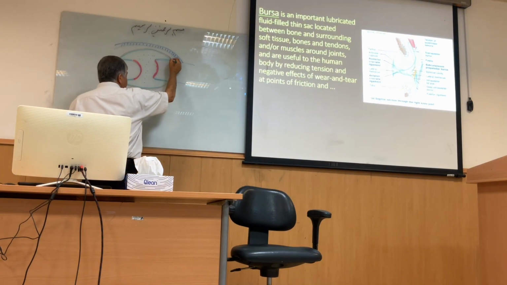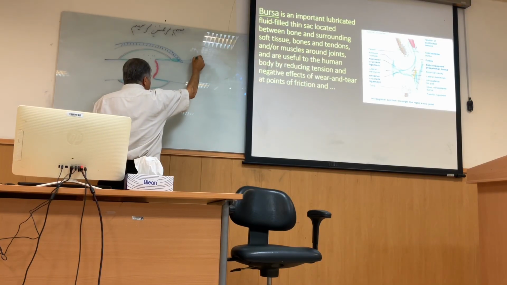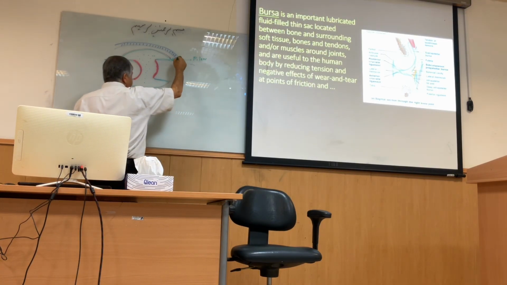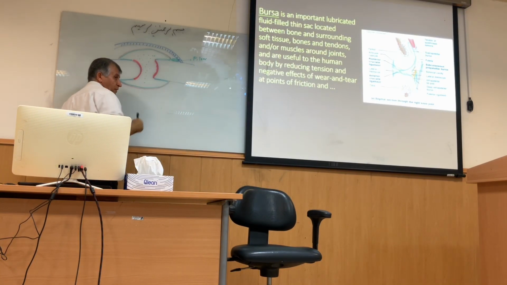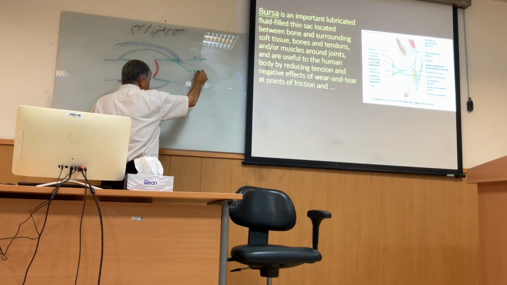This sac is like a pillow and protects the tendon. This structure is called a bursa.